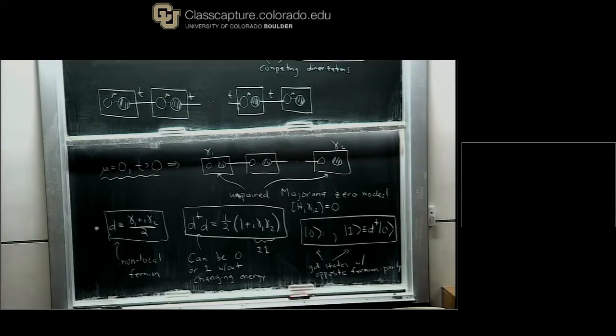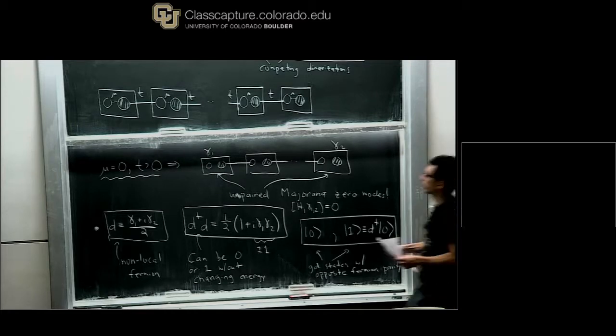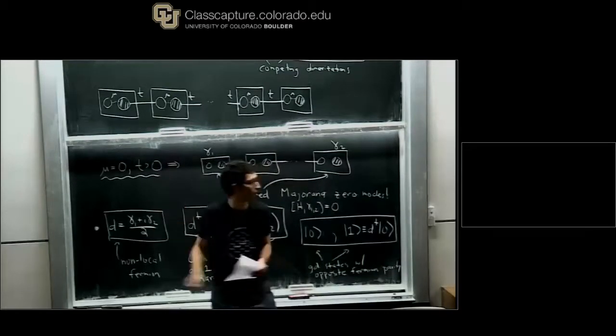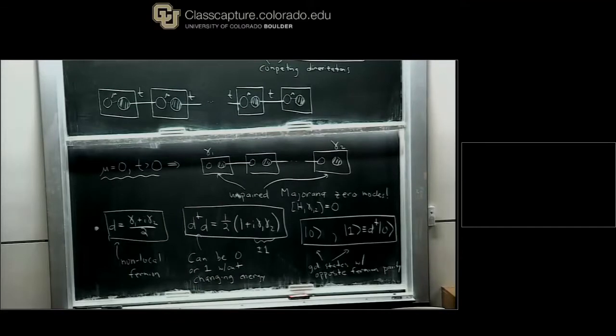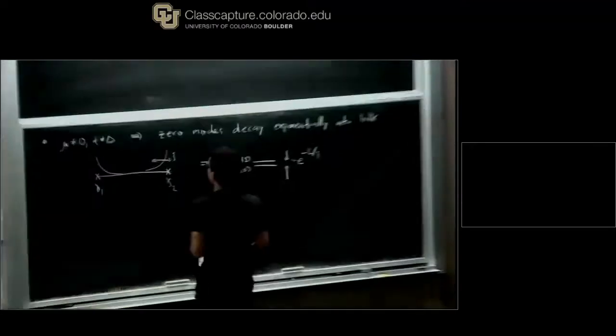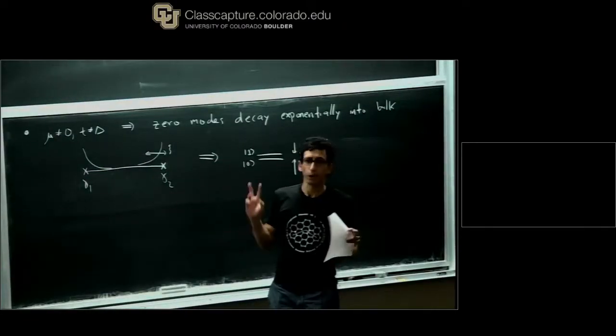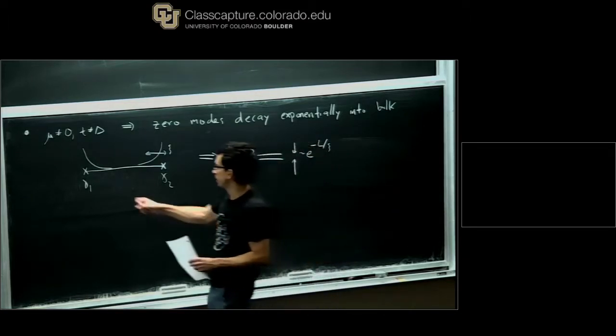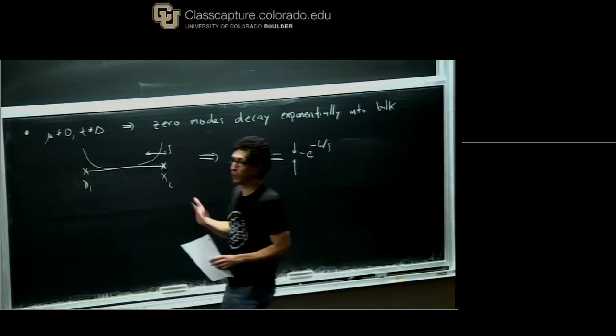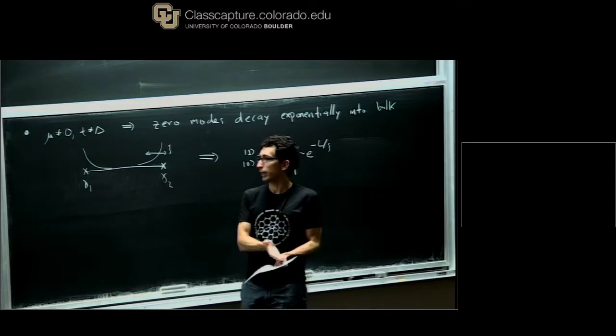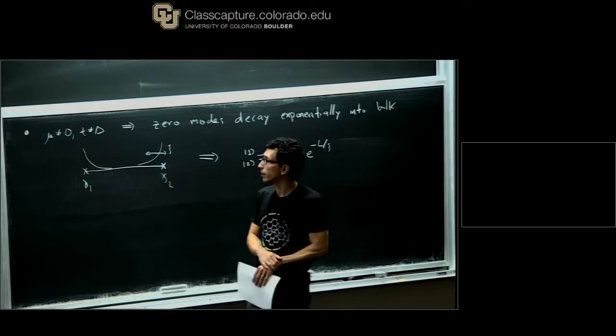So I think the one other comment I had made last time pertained to what happens when I move away from this cherry-picked limit. So if I take mu not equal to 0, delta not equal to 0, and t not equal to delta, we still have almost zero energy modes. So the gamma 1 and gamma 2 wave functions won't be perfectly localized to one site, unlike what we saw in those pictures.